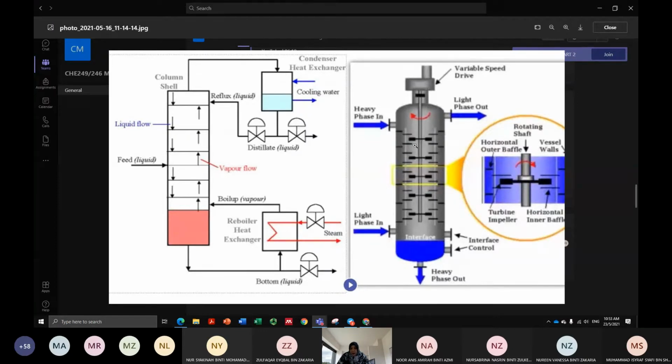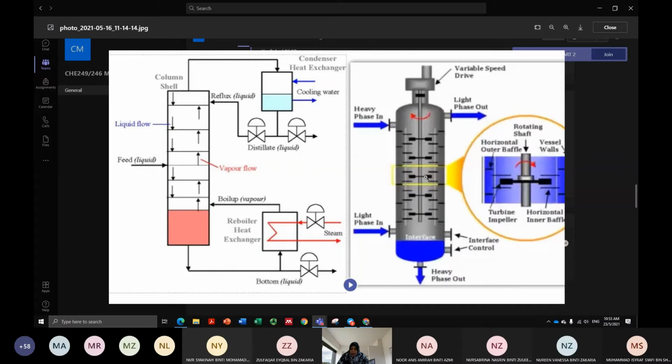If you look at this, you have 2 inlet streams and 2 outlet streams. Your heavy phase, or your feed, and your solvent will be mixed in the column using the turbine or impeller that we have in the column.